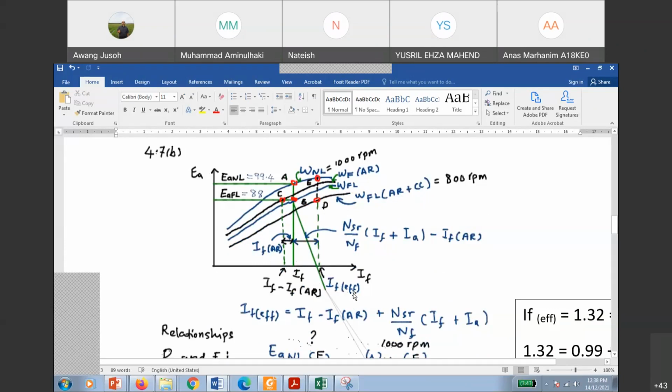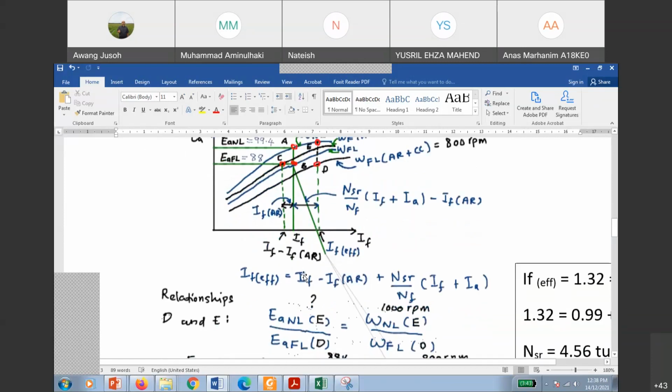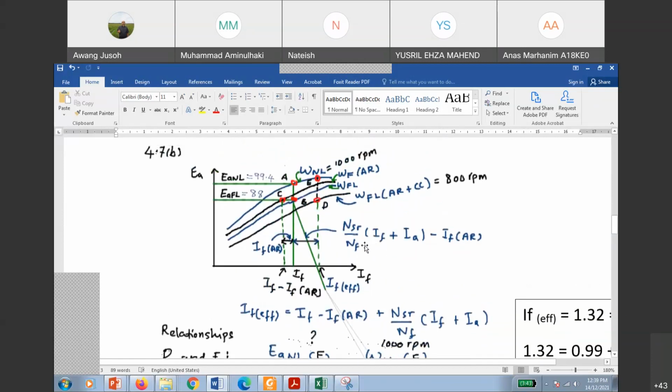It is a bit different from before. Because of the cumulative compound, the flux changes, increasing from C, or from B, to D. D represents a higher field current. So what is point D basically? Point D is equal to this equation. You want to find point D. Point D is equal to I effective.